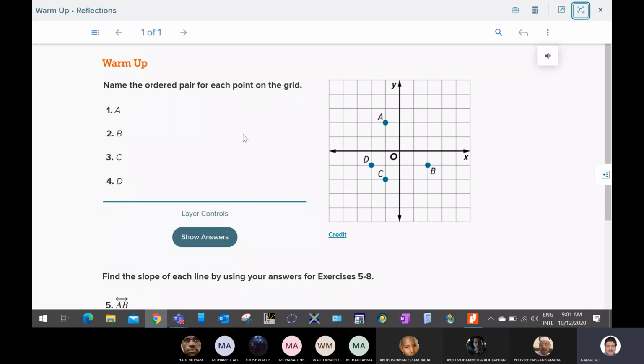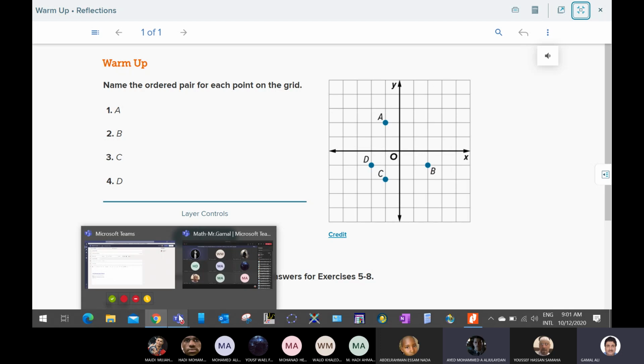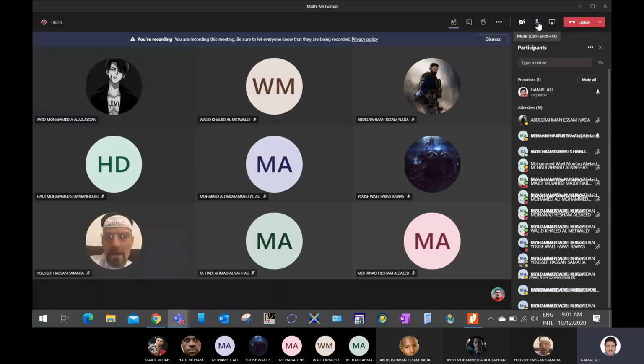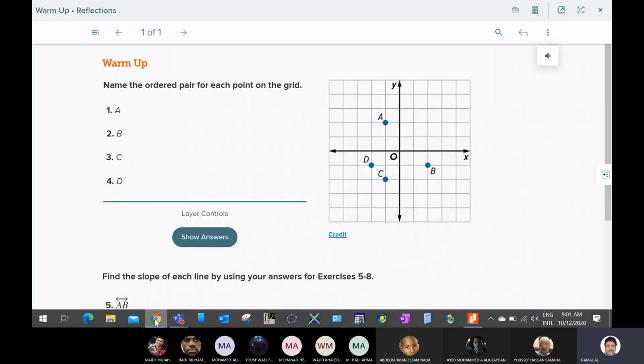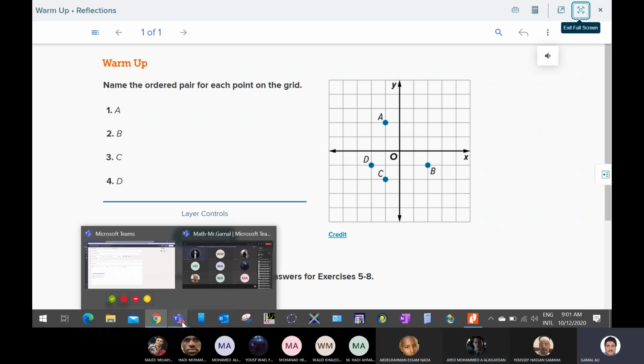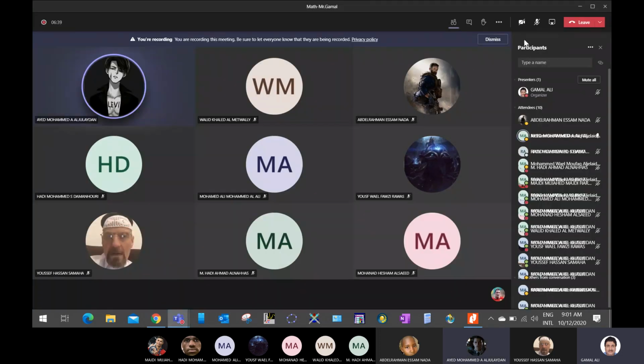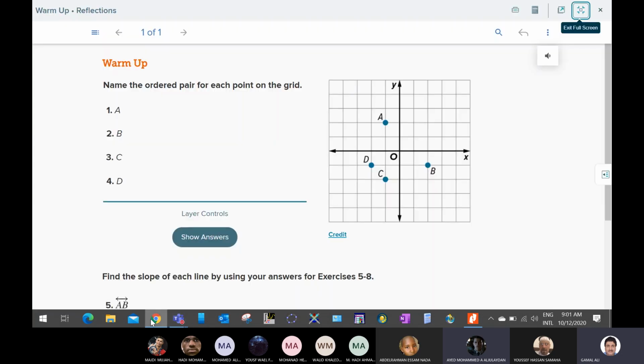Point A, who can give me the coordinates? What is the ordered pair of A? I don't know, mister.